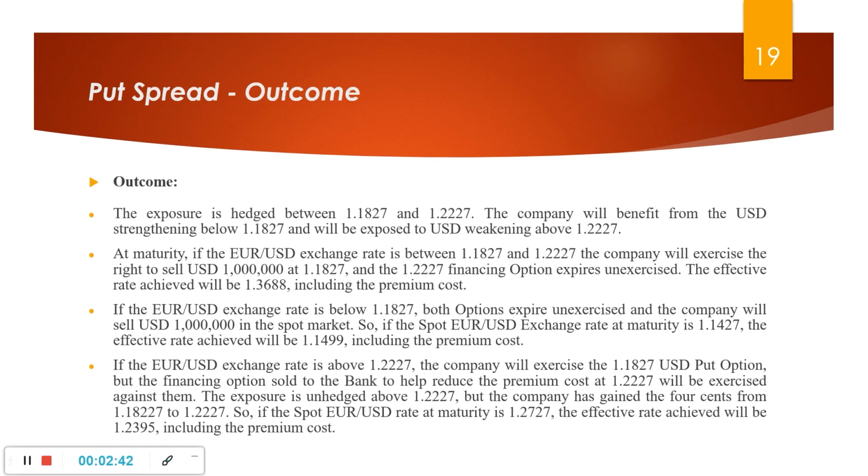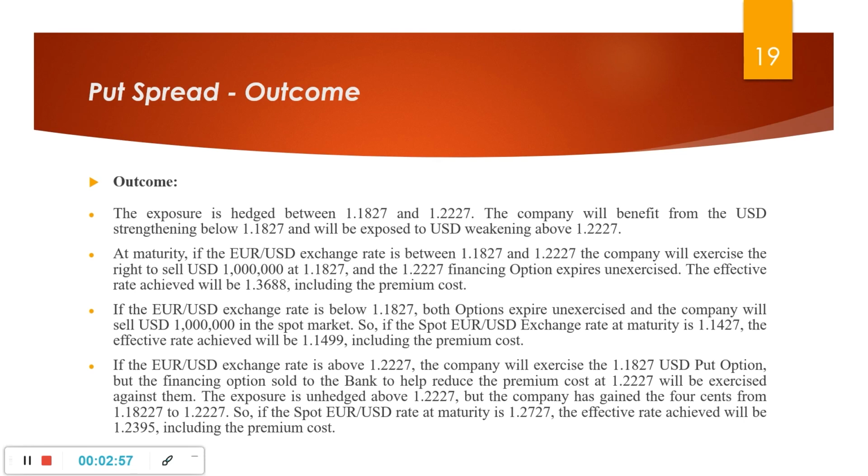If the Euro USD exchange rate is above 1.2227, the company will exercise the 1.1827 USD put option. But the financing option sold to the bank to help reduce the premium cost at 1.2227 will be exercised against them.